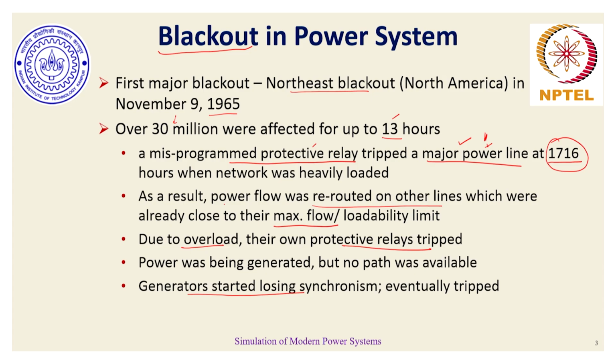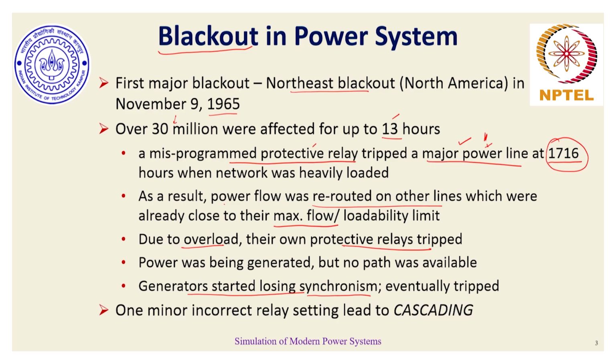It cannot be created out of the blue. So generators, when they are generating power and there is no path for this power to go out, started losing their synchronization, and in addition to lines being tripped, generators also got tripped, and as a result the entire network had a blackout.